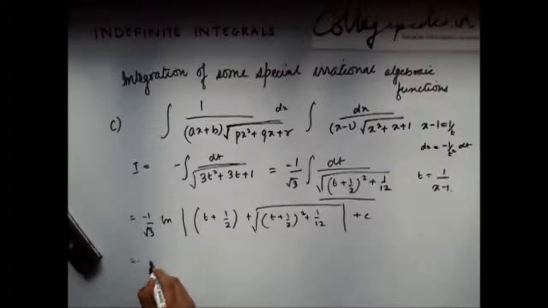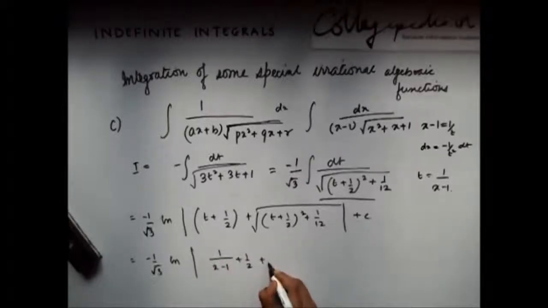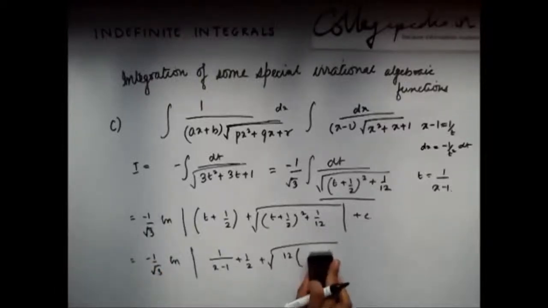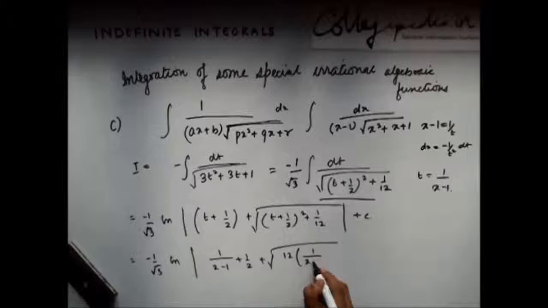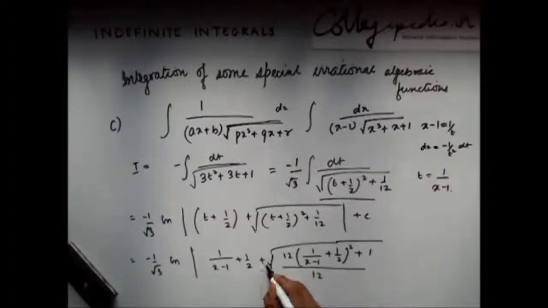So this becomes minus 1 by root 3 ln of 1 by x minus 1 plus half plus root under 1 by x minus 1 plus half whole square plus 1 by 12.